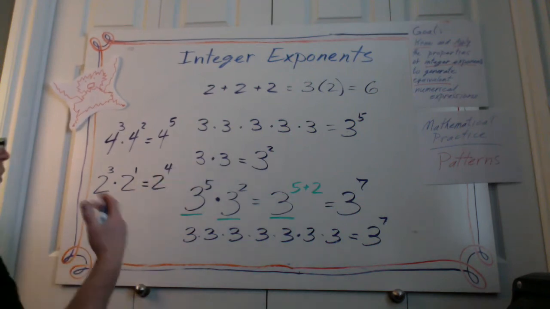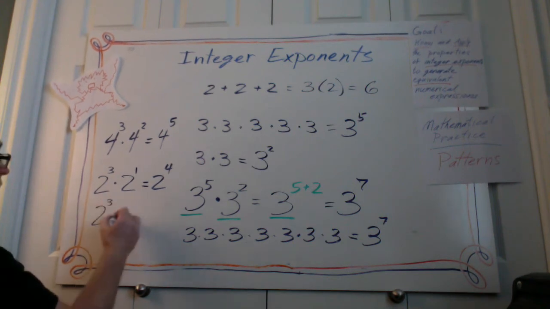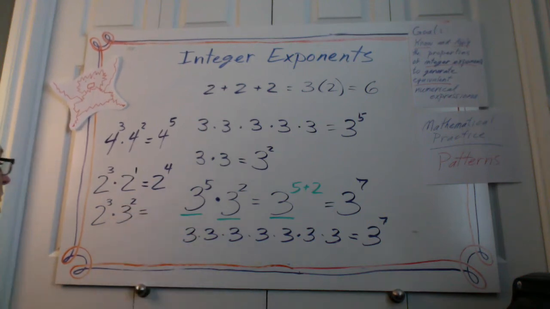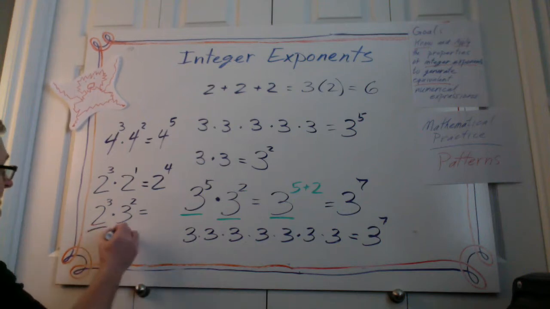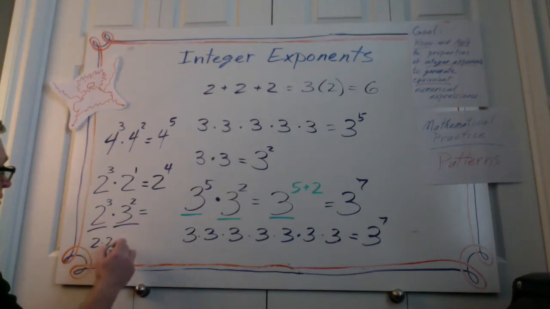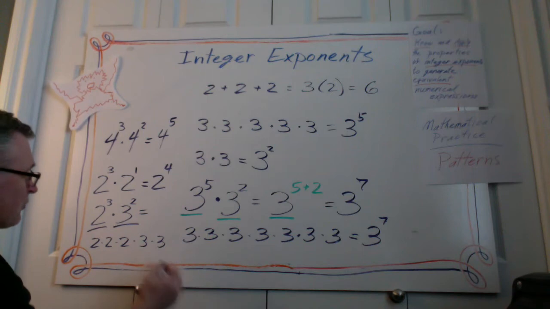Then, what if I had something like this? 2 to the 3rd power times 3 to the 2nd. Man, this is going to be really cool. Wait a minute. I don't have the same bases. So if I expand this one, I have 2 times 2 times 2 times 3 times 3.